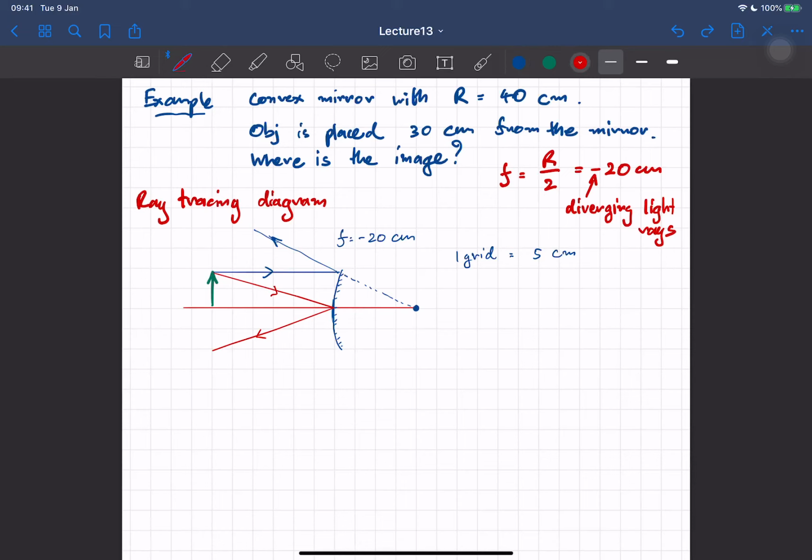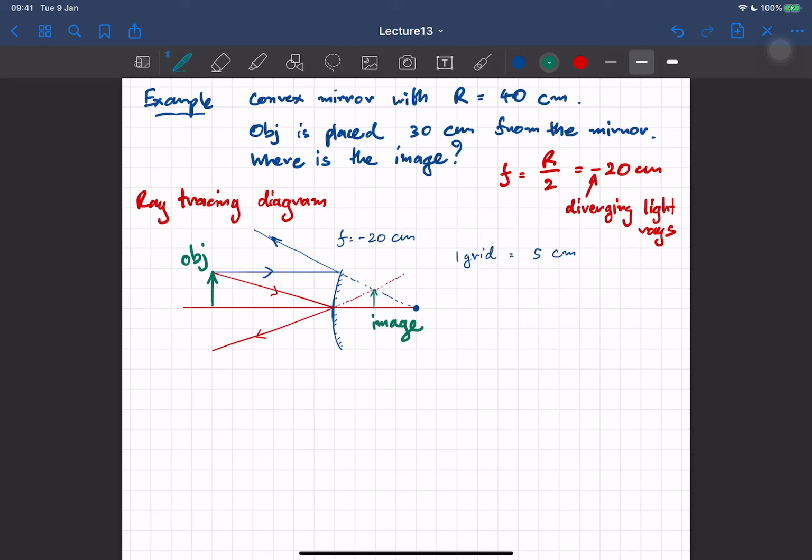So in order to find where the object is, you have to extend the direction back and see where they intersect each other. So that's going to be here. I forgot to write that this is an object. This is an image. Okay. So that's the ray tracing diagram for the convex mirror.